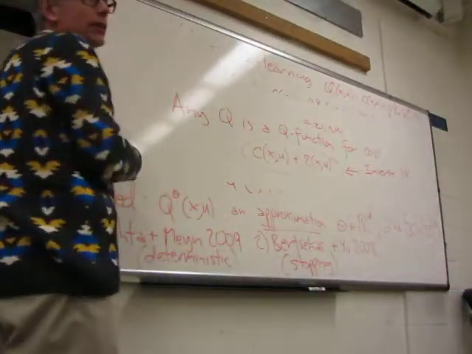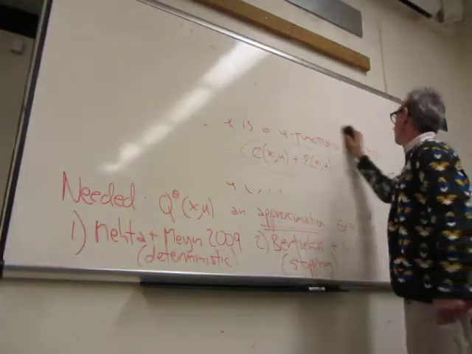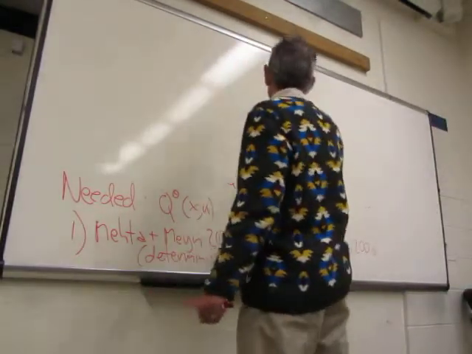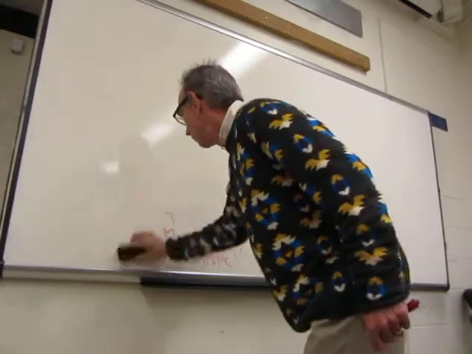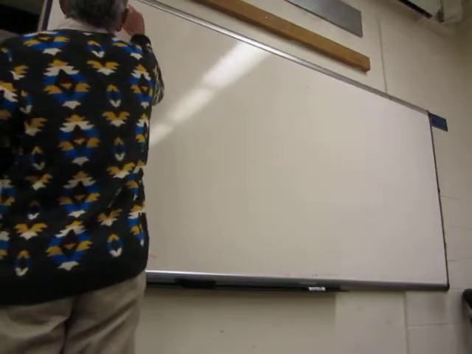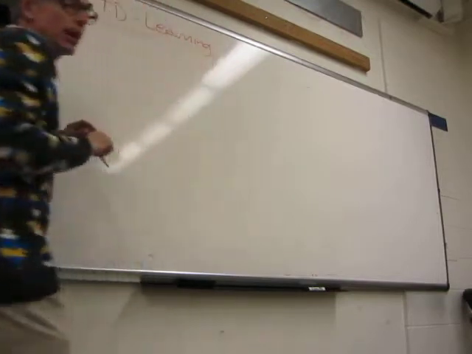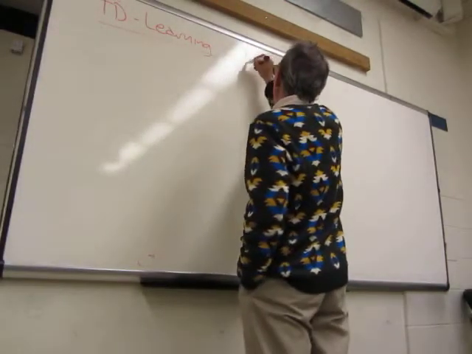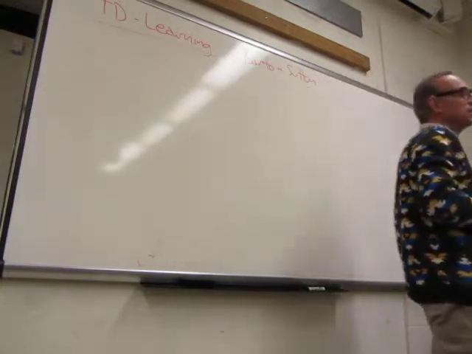So where approximations like this are really simple is TD learning. Now the first, and this is Barto and Sutton, late 80s, I've forgotten the exact year.